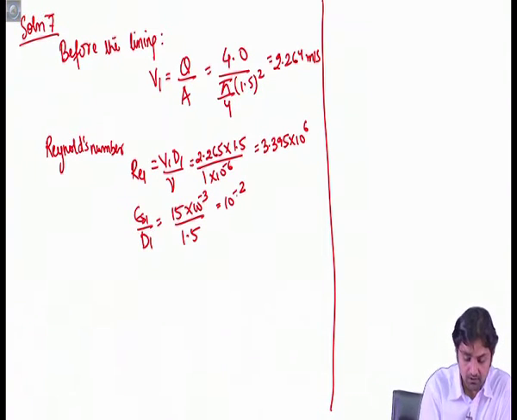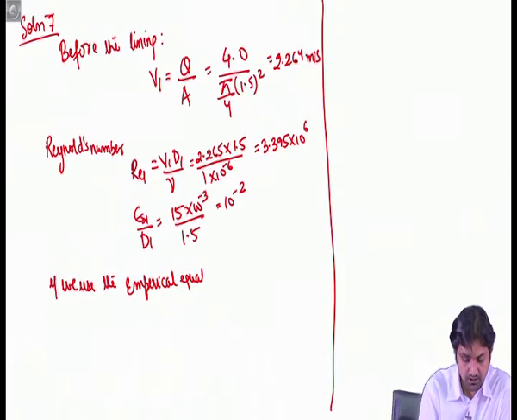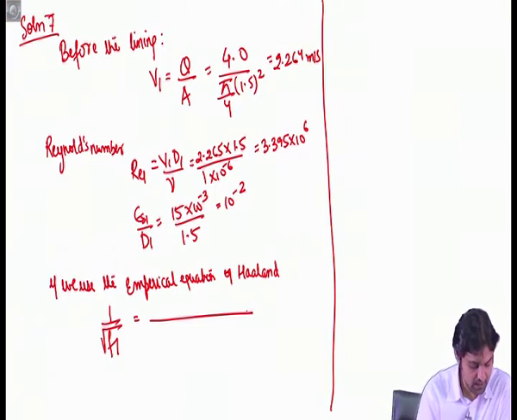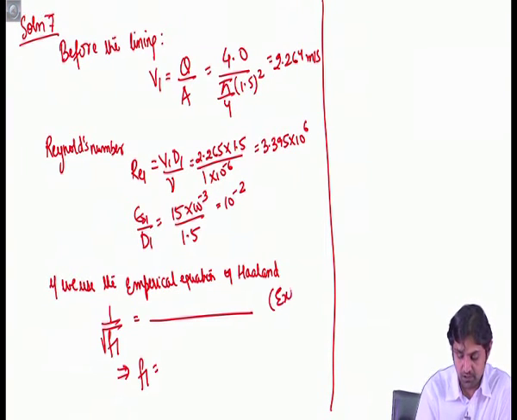All right. So if we use the empirical equation of Haaland, then we can find under root 1 by F1 is equal to the things on the right hand side, and on calculating we can get it, because this is an explicit formula.